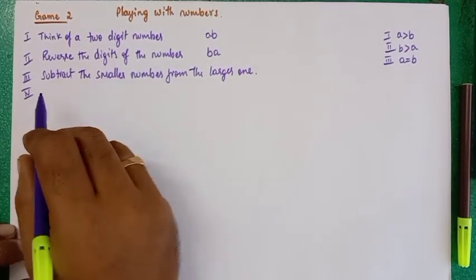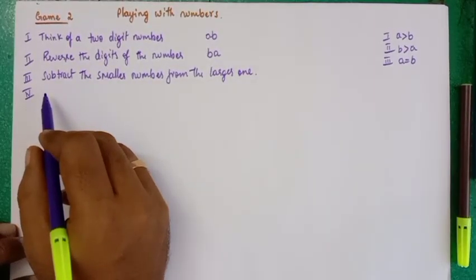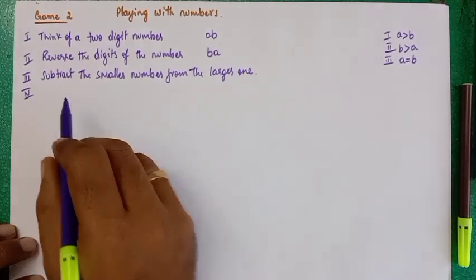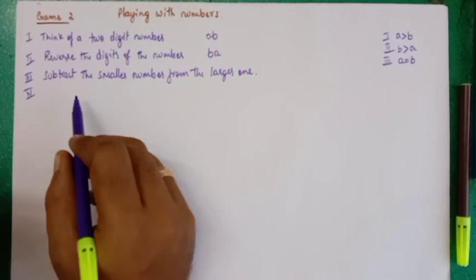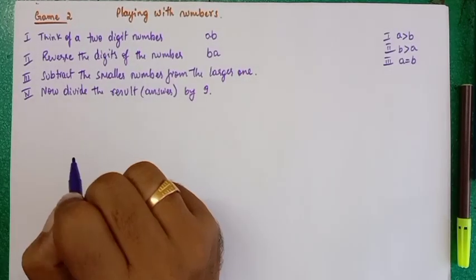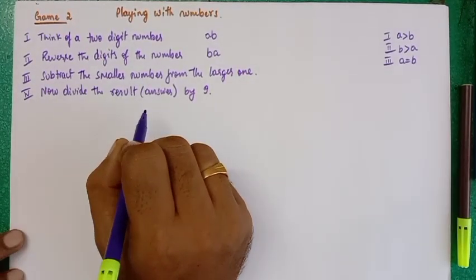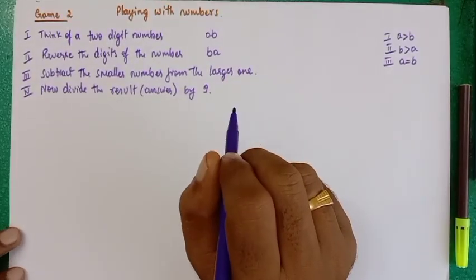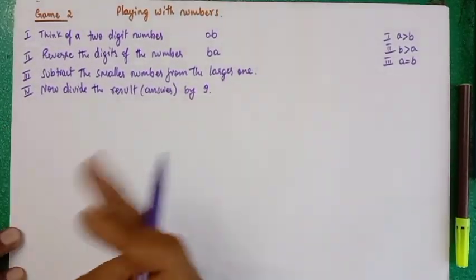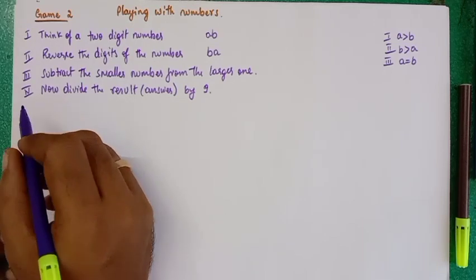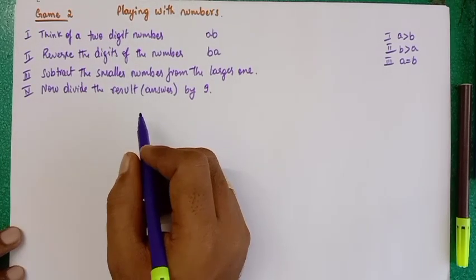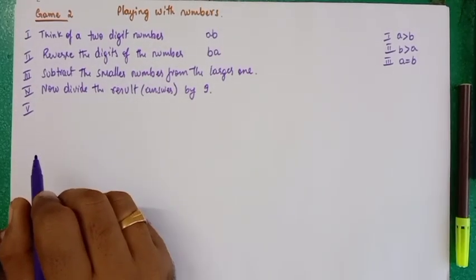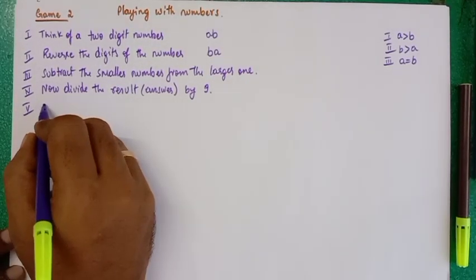and then you have to divide the result by 9. Now divide the answer, what you will get here, by 9. I am sure, well, now I will say that the remainder will be 0.